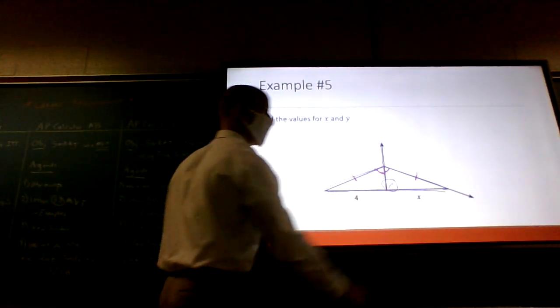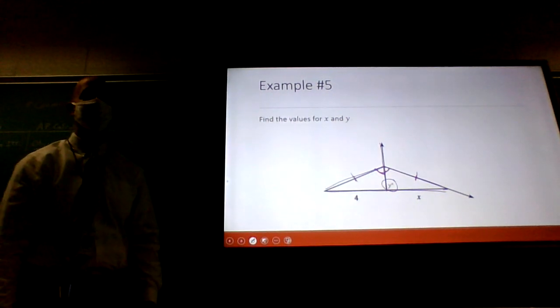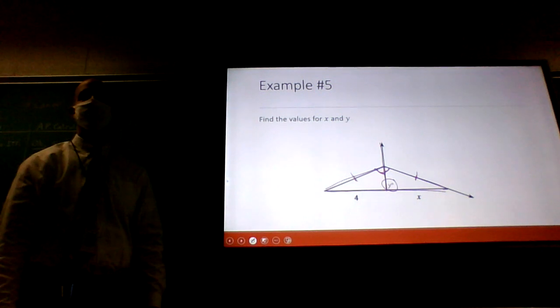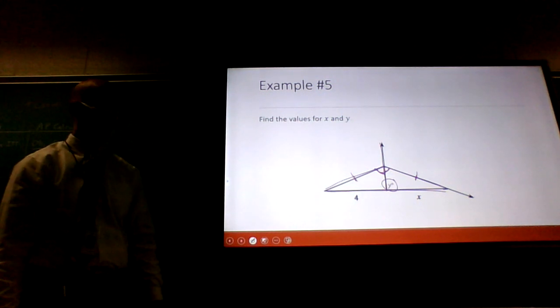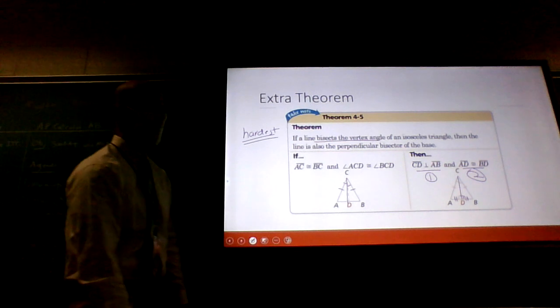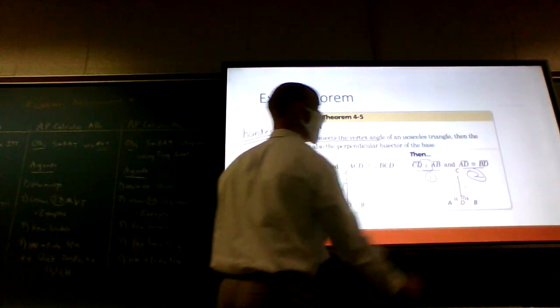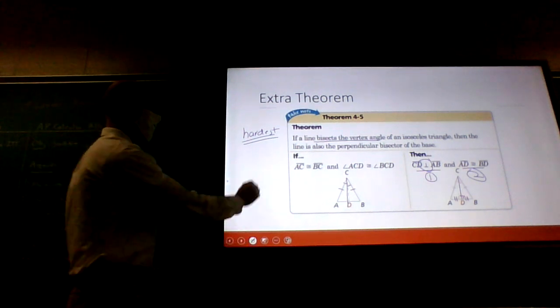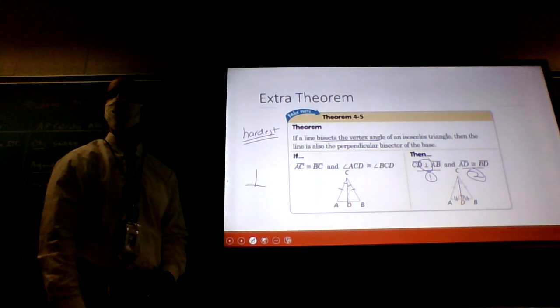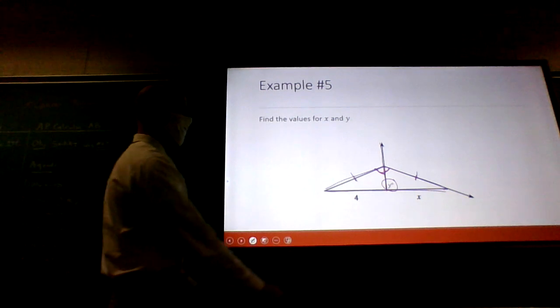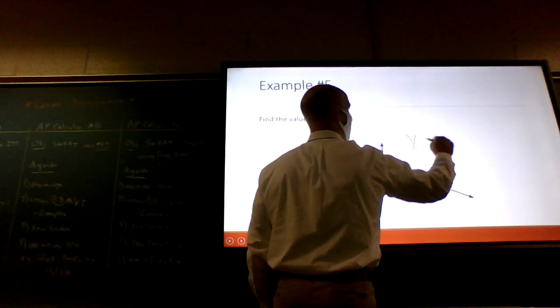So what measure does this have to be? Don't say 60. It's not 60. 90. It has to be 90. That's exactly right, because it's perpendicular. That's what that upside down T symbol means. Have you seen that before? That means perpendicular. So y, right off the bat, we know that y is 90.